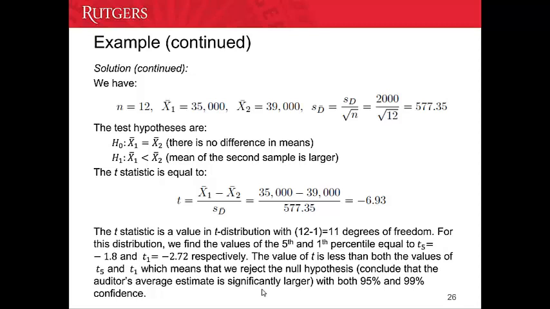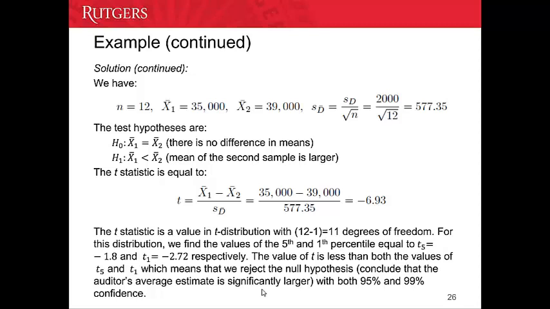The t-statistic will be equal to the first sample mean minus the second sample mean, divided by the standard error we calculated before. So we get a t-statistic equal to negative 6.93. This t-distribution has 11 degrees of freedom.